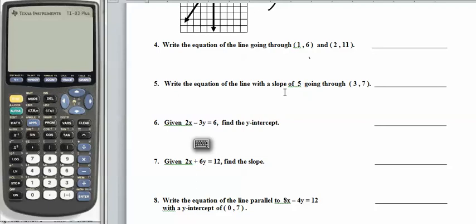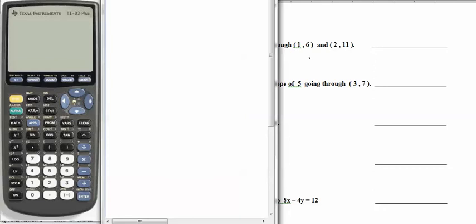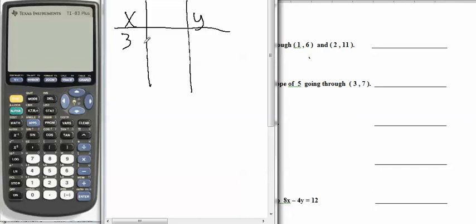Okay, so write the equation of a line with a slope of 5 going through (3, 7). All right, this is just a little bit tougher, but not too bad. We could graph this one, but there's a little bit easier way to do this. If we have a slope of 5, we have a little table here. We have x equals 3, and our formula so far is 5 times x, because it was a slope of 5, right?